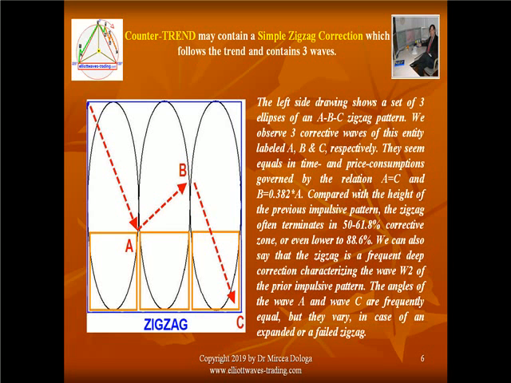Compared with the height of the previous impulsive pattern, the zigzag often terminates in the 50 to 61.8 corrective zone, or even lower to 88.6%. We can also say that the zigzag is a frequent deep correction characterizing the wave 2 of the prior impulsive pattern. The angles of the wave A and wave C are frequently equal, but they vary in case of an expanded or a failed zigzag.